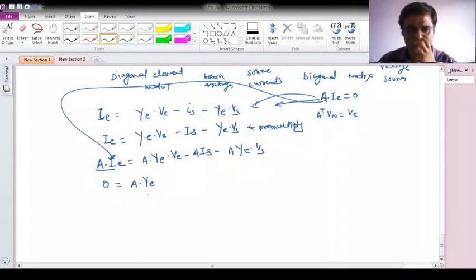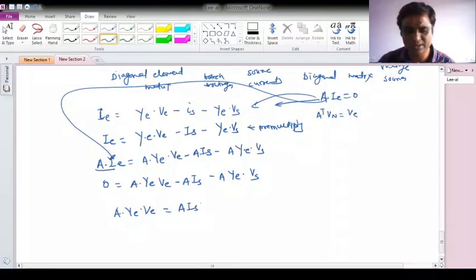Okay, so it is A YE into VE minus A into IS minus A into YE into VS. Okay, so now if I shift it this side, it will be A into YE into VE, which will be equal to A into IS plus A YE into VS.